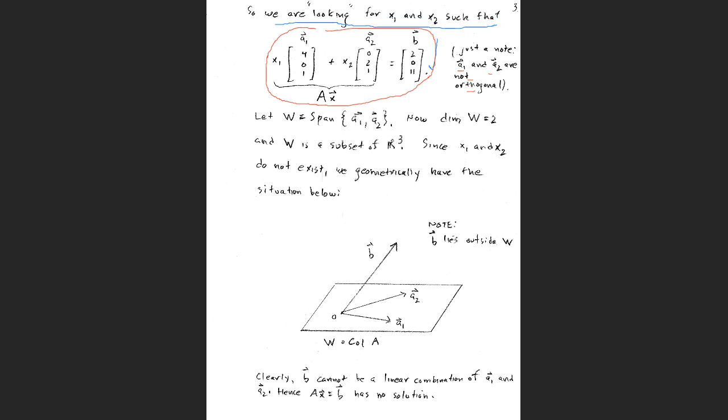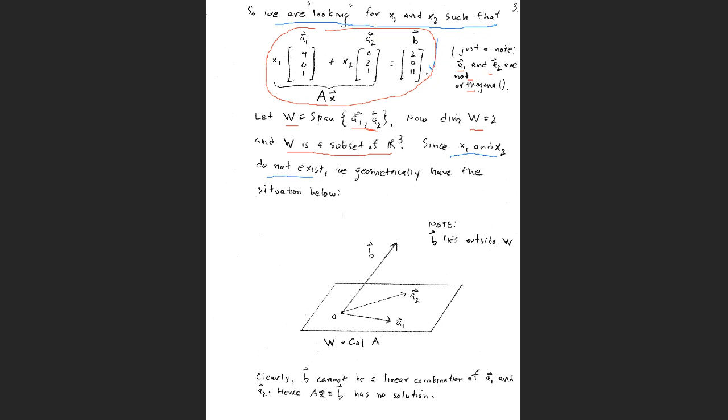We can think of the span of the column vectors of the matrix A, which are A1 and A2. We can call that subspace W. The dimension of subspace W equals 2, and W is a subset of R cubed, three-dimensional space. But since x1 and x2 don't exist, we couldn't solve the system.